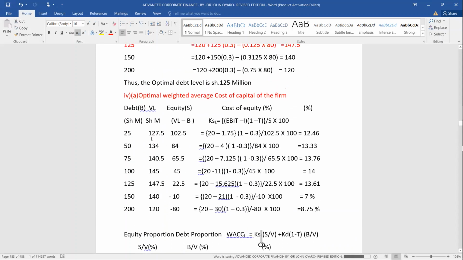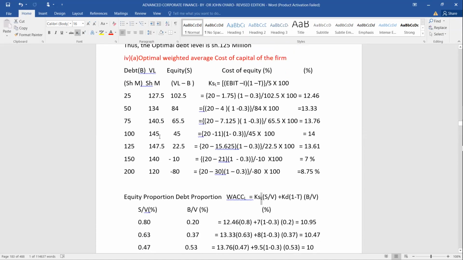Now, just a minute here. Here you have to be very, very careful. If debt is 25 million and the total value of the firm is 127.5, what's the proportion of debt? B over V. And the proportion of equity is 102.5 divided by 127.5. Can you confirm?